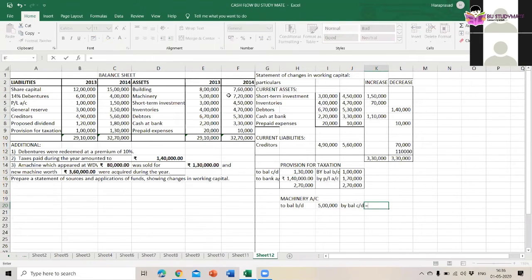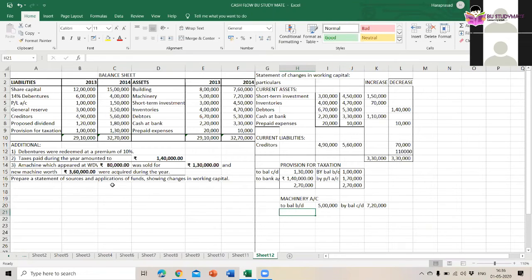Okay, then they have made changes here. What they are telling is that a machine which appeared at written down value, WDV means written down value. This means the original cost minus depreciation. The answer we are getting is 80,000 rupees. If in the question they have asked WDV, then you don't have to deduct any depreciation amount, because this amount has come after depreciating.